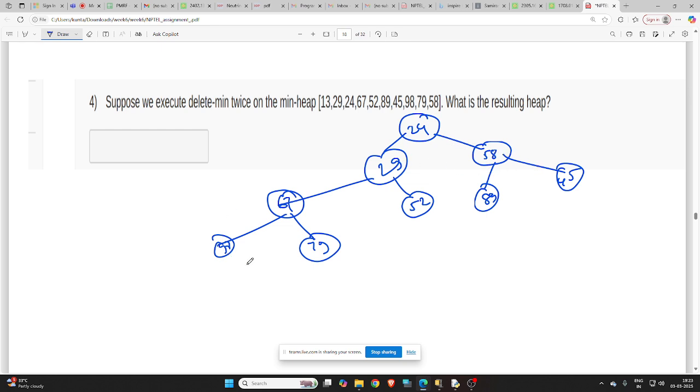So this whole branch is not affected, so it will be exactly the same. But for this case 58, 89 and 45, it will be changed because this will be swapped. So this will be 45 and this will be 58. So this is the case.